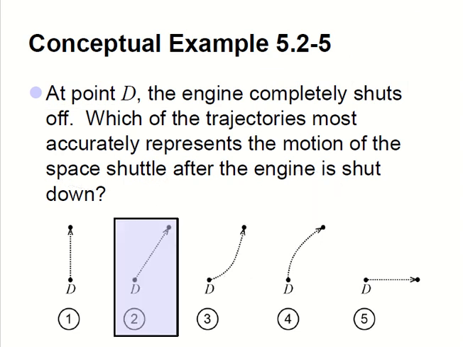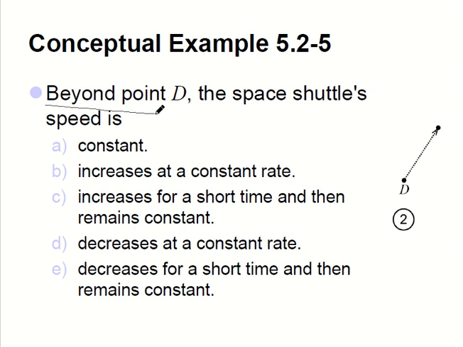Yes, correct. After point D, the space shuttle's speed is again going to be constant. Why? Because we've been traveling at a constant speed. All we did was save the engine, but the push on that space shuttle up to point C is going to give it enough force to go beyond the atmosphere.